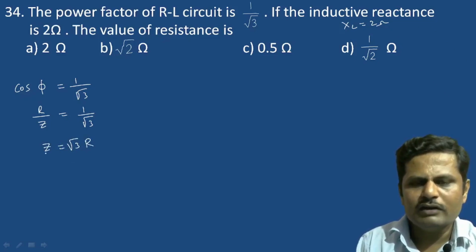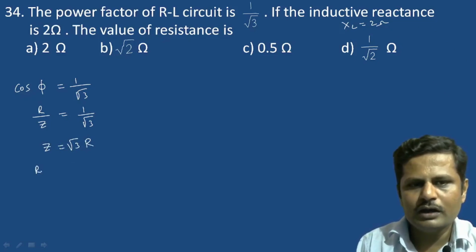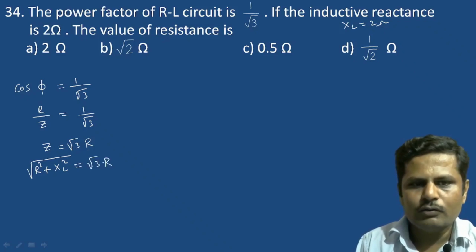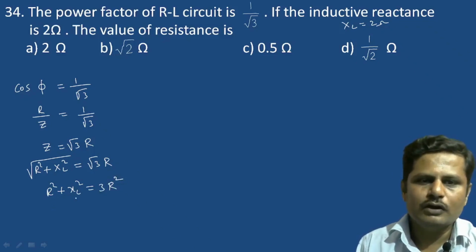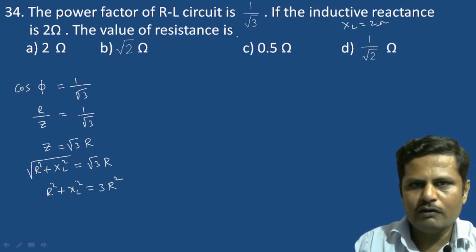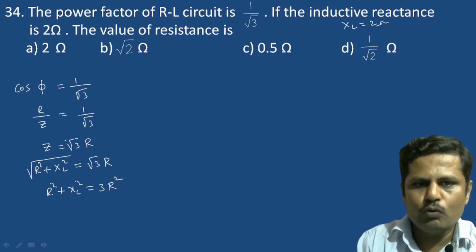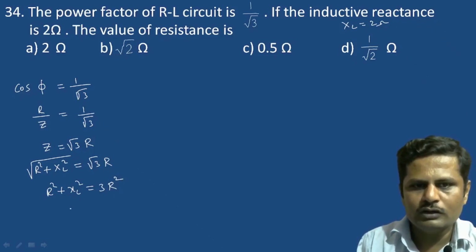Now on cross multiplying we will get Z equals root 3 R. Now we have an expression for Z, that is root of R square plus X_L square, equals root 3 R. Squaring on both sides, we get R square plus X_L square equals 3R square. Now X_L is 2 ohm, so if I substitute 2, 2 square is 4, so R square plus 4 equals 3R square.